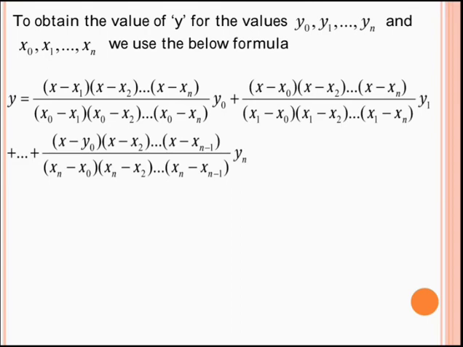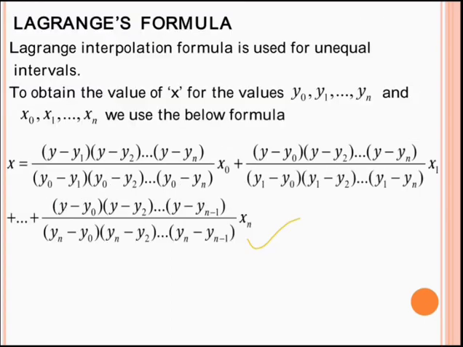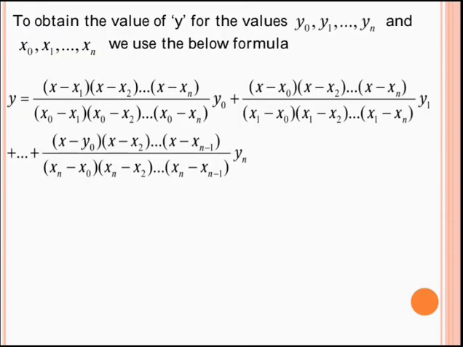Now, if we want to obtain the value of y for the values y0 to yn and x0 to xn, we will just interchange each and every term here. In place of x I will put y, and in place of y I will put x. So here I am taking y0.